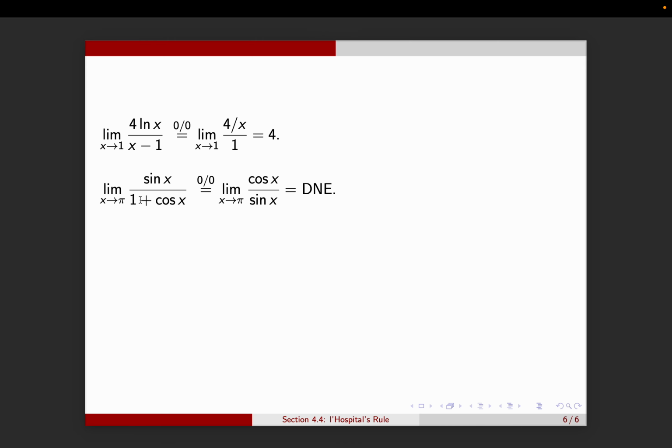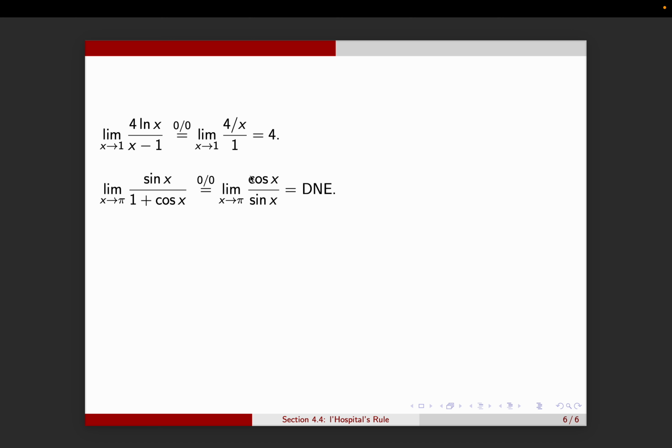Okay, here's another example. This was 0 over 0 we saw earlier. So you can take the derivative of top and bottom. And I realized, sorry, there's supposed to be a negative right here. Typo, I left off the negative. But anyway, you take the derivative of the top, you get cosine. You take the derivative of the bottom, you get negative sine down there.